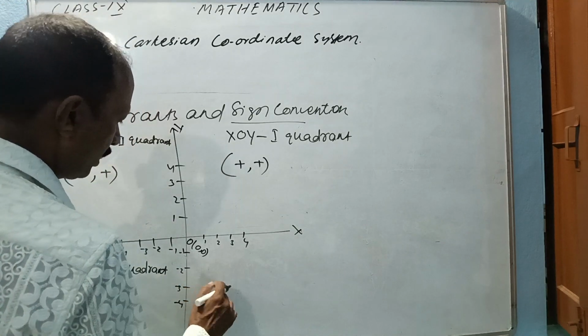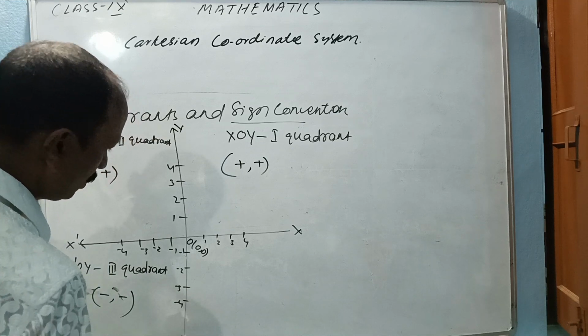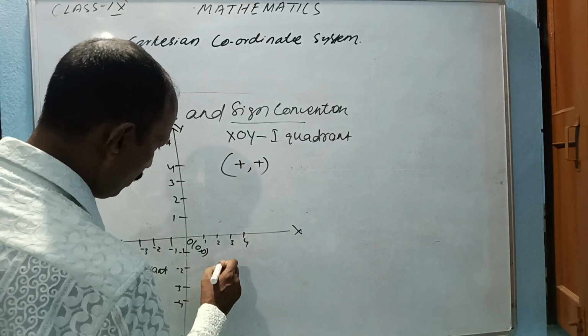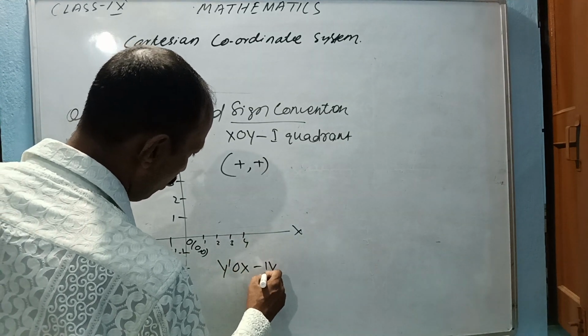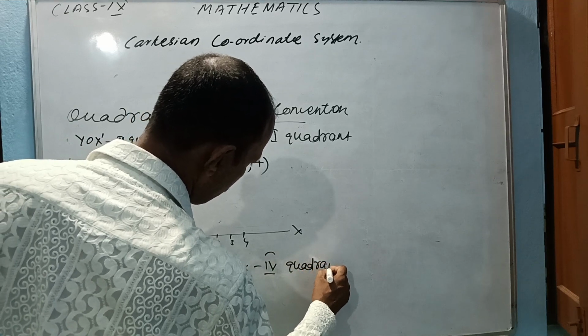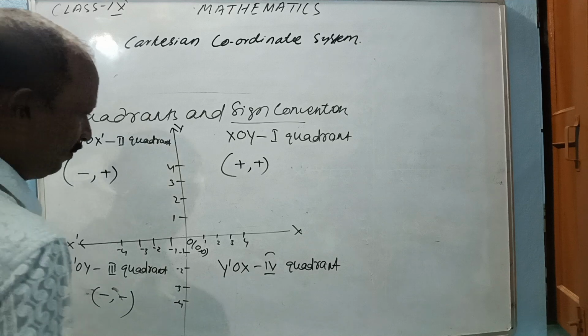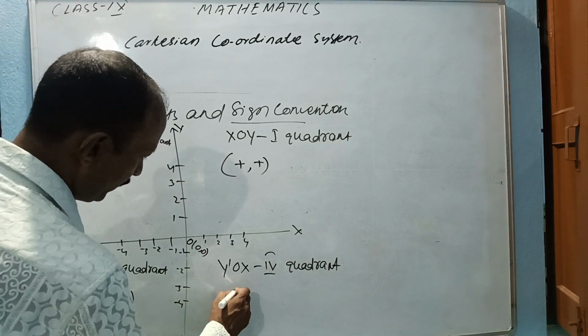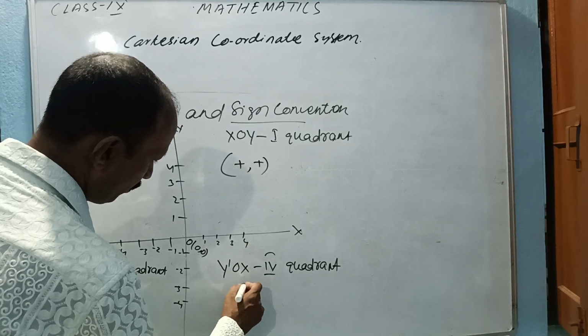Now, the fourth and last quadrant, I can say this is y dash o x. This is the fourth quadrant. Here the sign convention for the x coordinate will be plus, and for the y coordinate it will be minus.